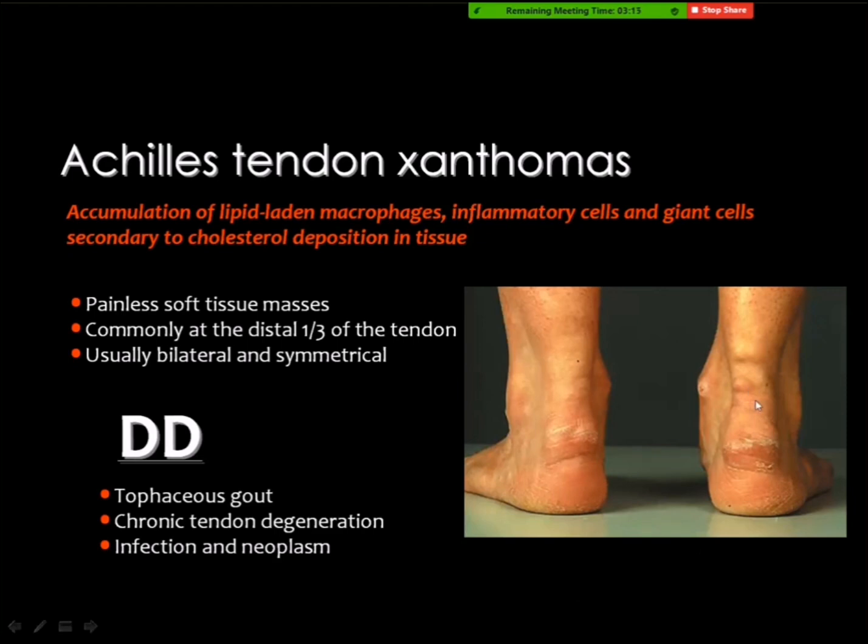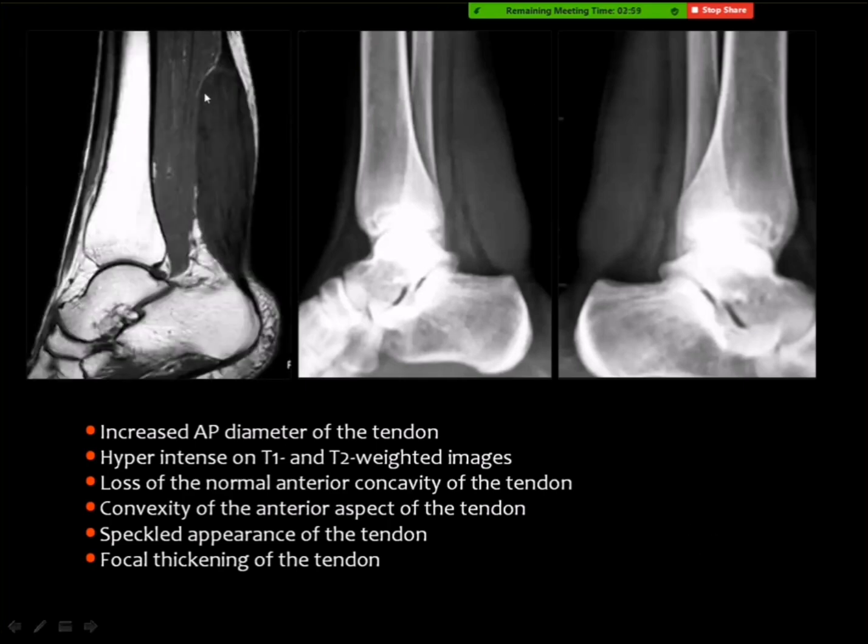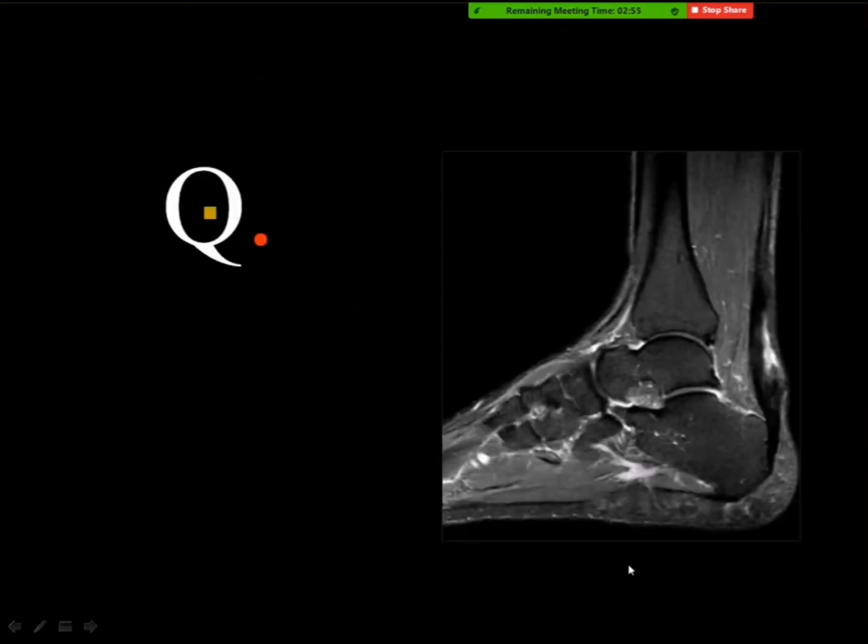This condition may be bilateral, as you can see in this case, and can also be unilateral. The tendon is markedly expanded or enlarged with more or less dark or striated signal, as you can see here in this example.